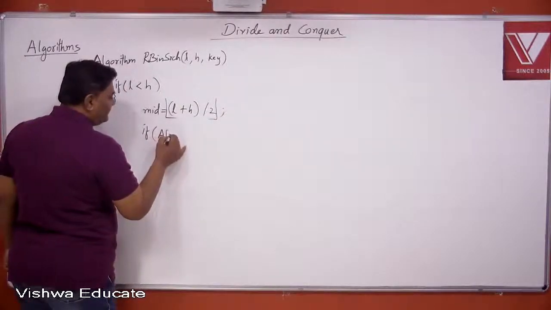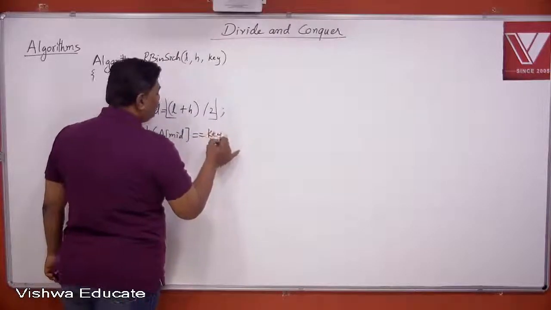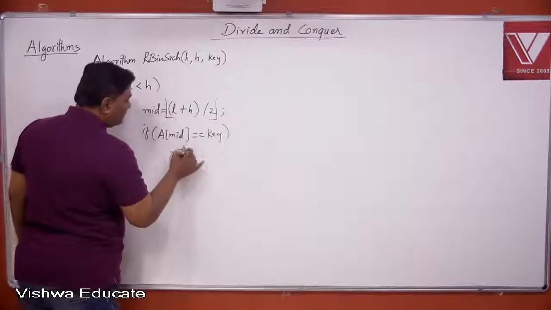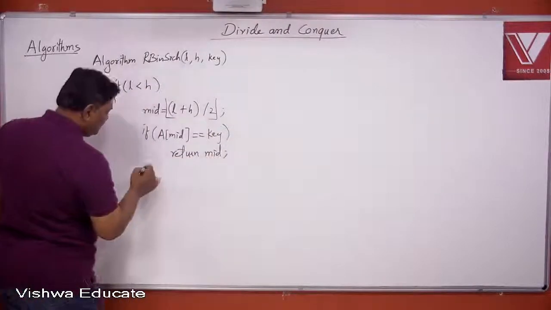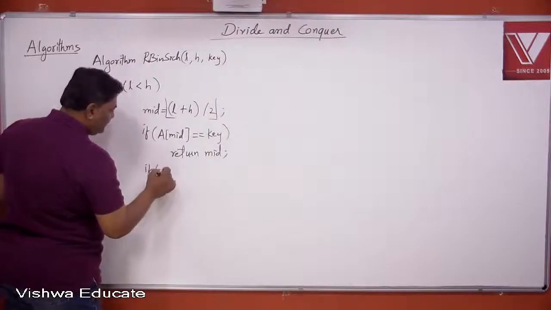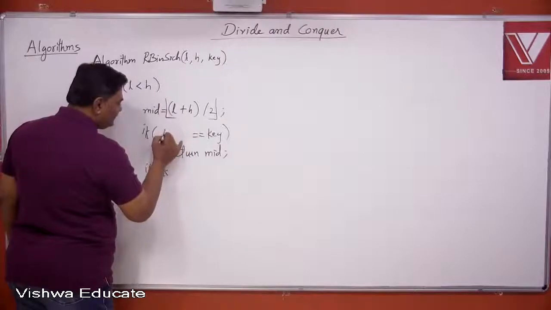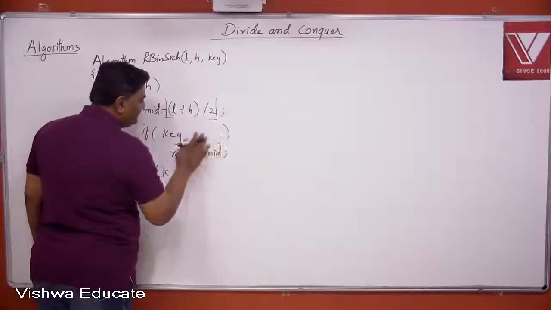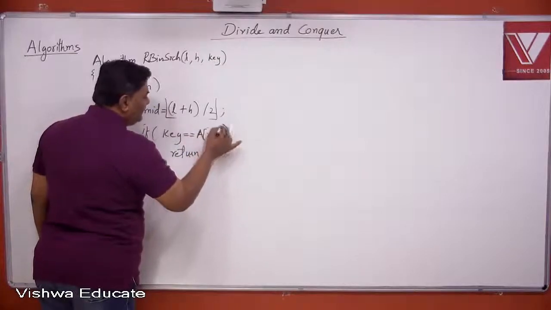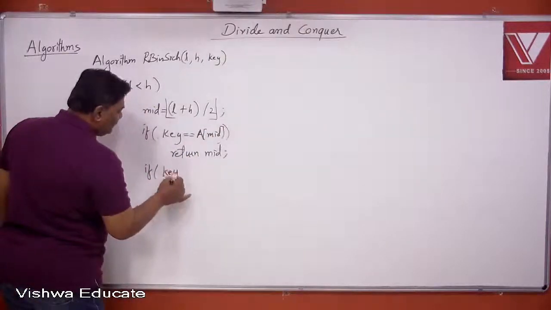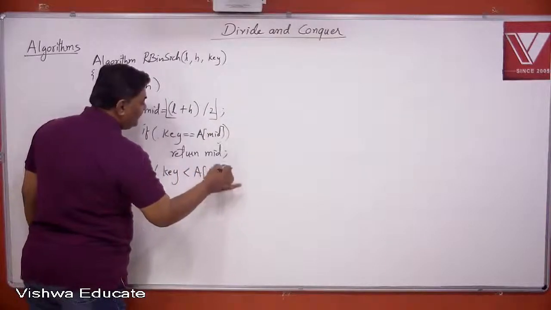If A of mid is equal to key, or key equal to A of mid, then return mid. If key, I should have written key first, that's easy for reading, A of mid. So every time I'll write key. Key less than A of mid means key is on the left hand side.